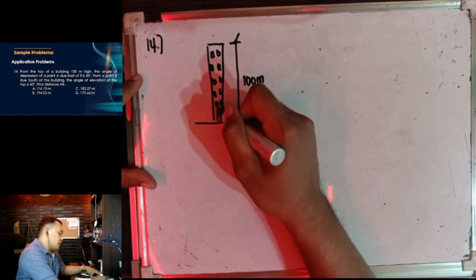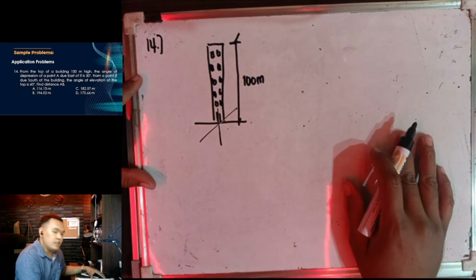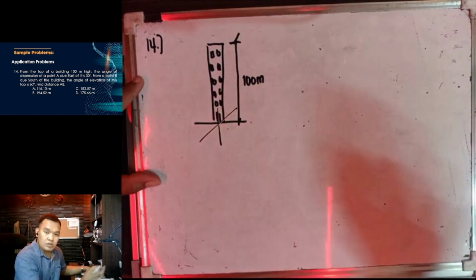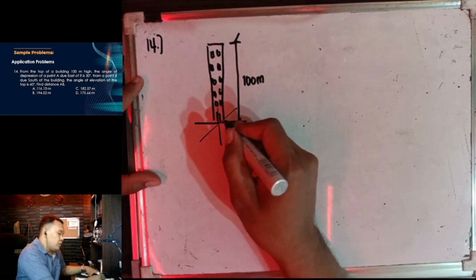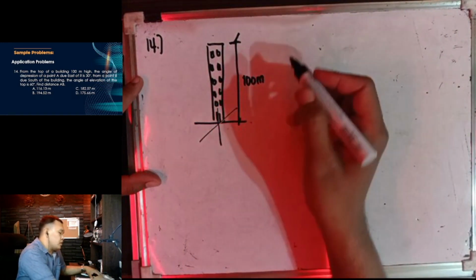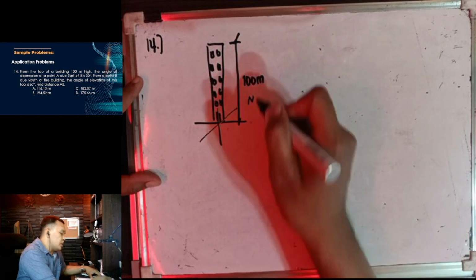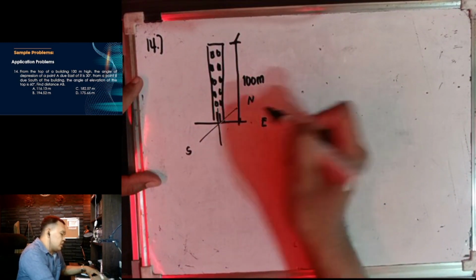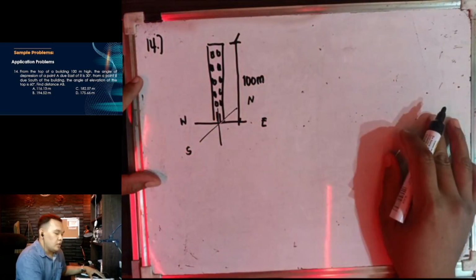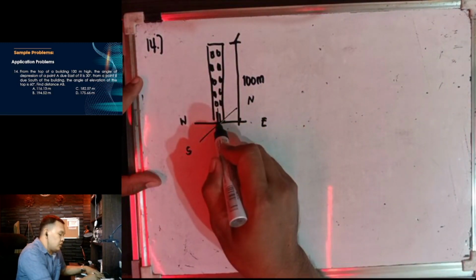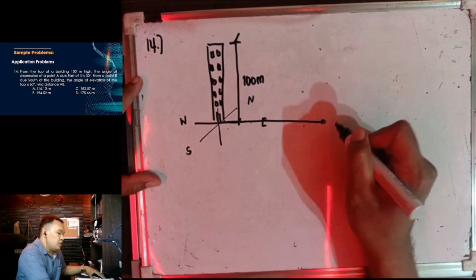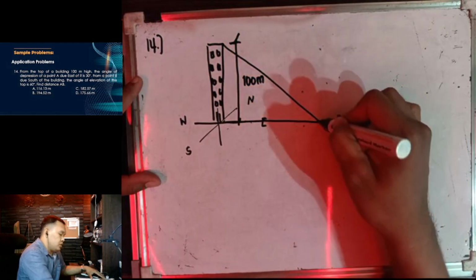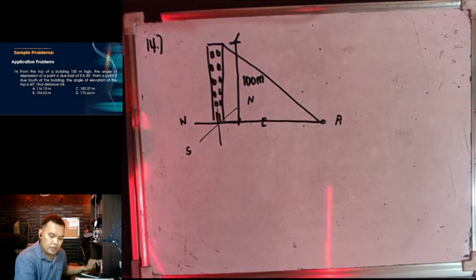So if we say this is in 3D, then the east is toward the left here. Let's say this is north, south, east, and west. Okay, so due east, so we go toward here. Here is point A. Then the angle of depression is equivalent to 30 degrees, no?